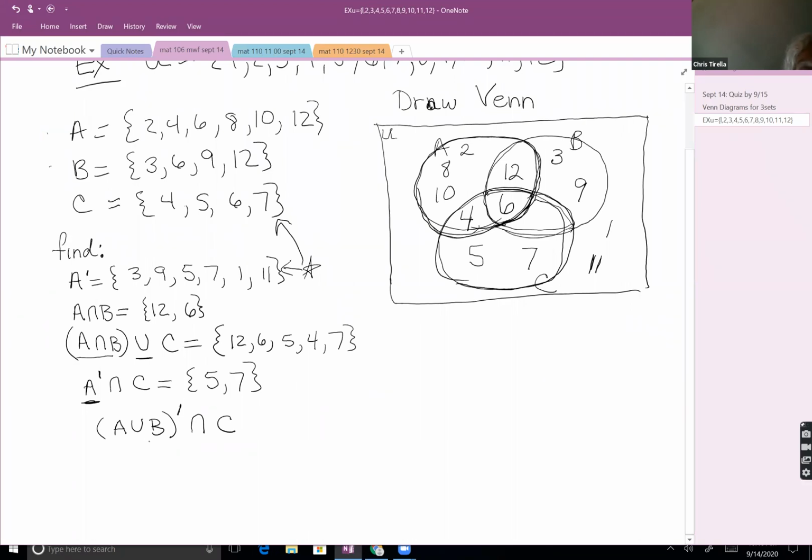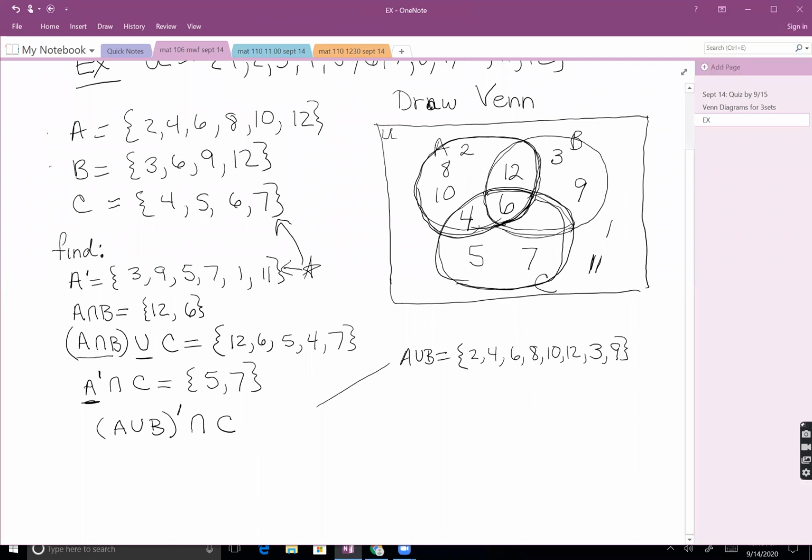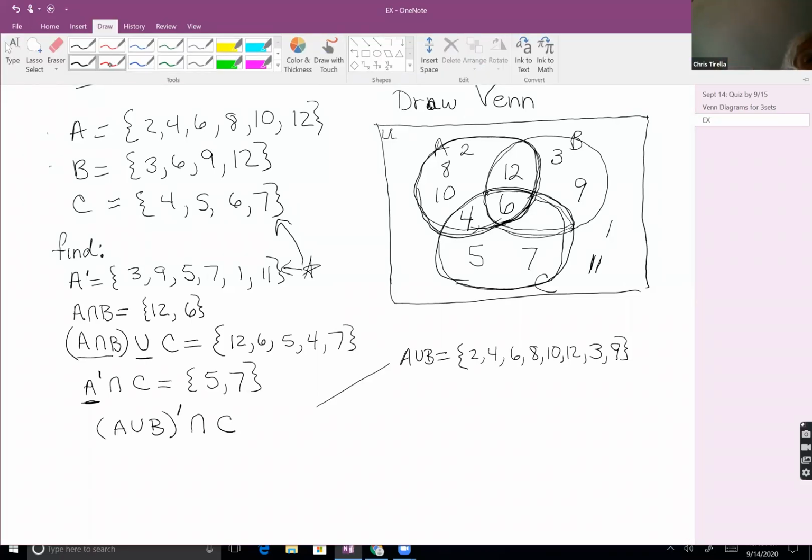As I look at this, the first thing I need to figure out is what's A union B. When I put A and B together, I have 2, 4, 6, 8, 10, 12, all of A, and add the rest, what else is also in B, so I'm adding 3, 9.